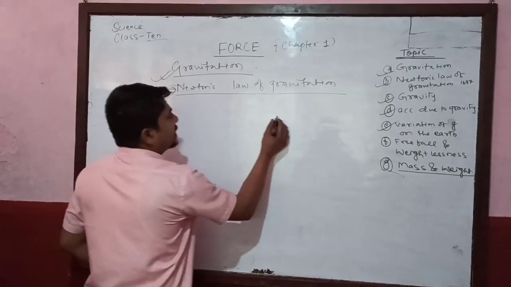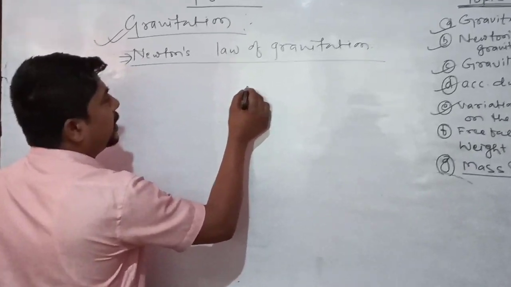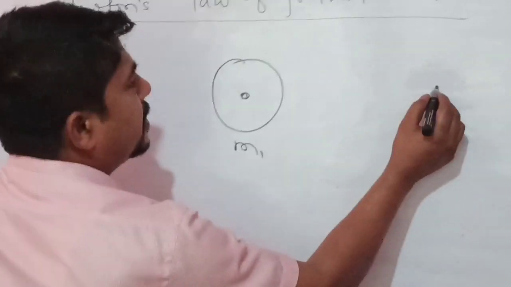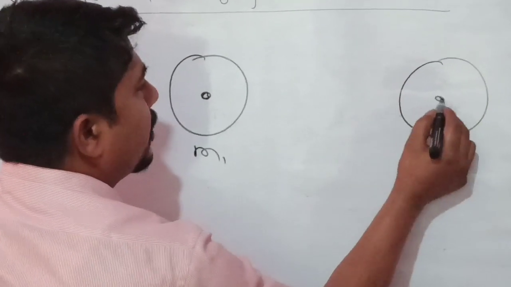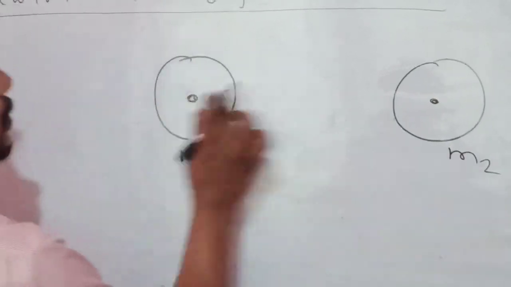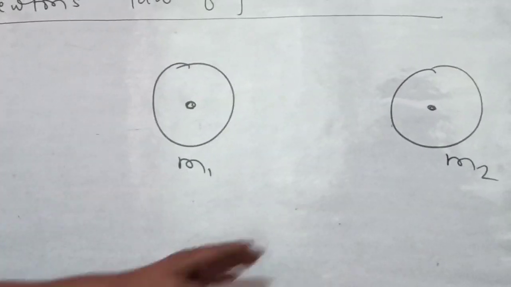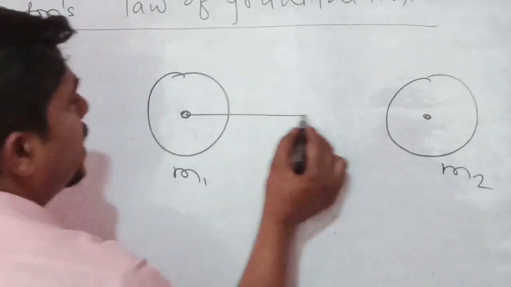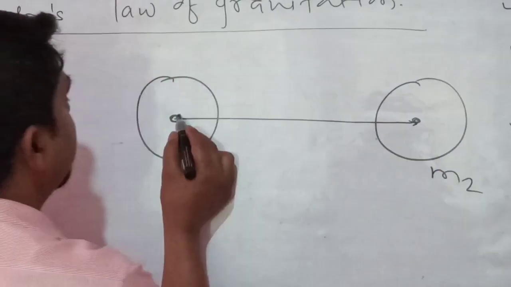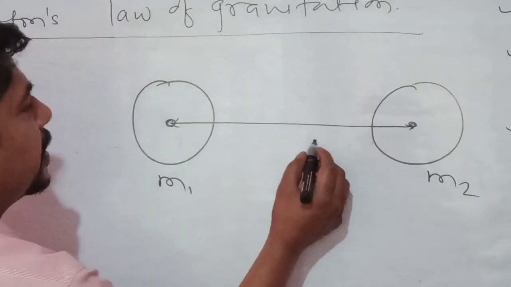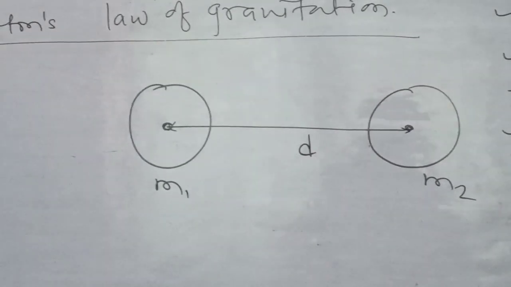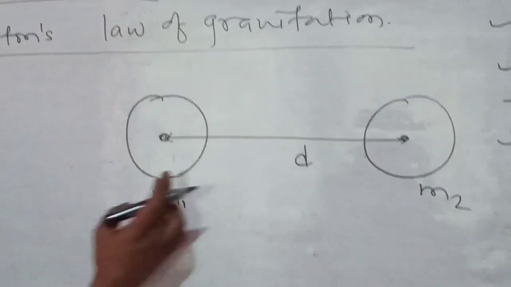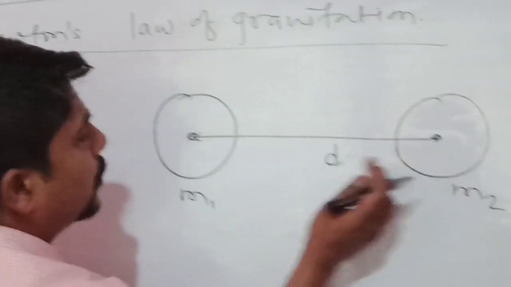For this, let us suppose there are two bodies each of masses m1 and m2. यो दुईटा वस्तु भयो, एउटाको मास m1 अर्कोको मास m2 छ र यो दुईटाको दूरी, the distance between them is, लेट इट बी d.